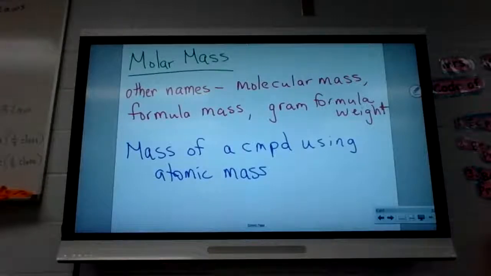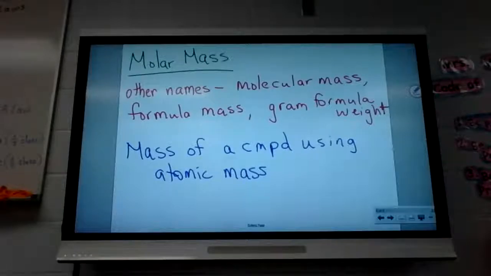Okay? Now we're going to add on to what we know how to do because y'all are sophisticated. Back then, you could only work with a single element on the periodic table. But now we know how to write the names of compounds. So instead of working with just an element, we can work with a what? Compound. Okay?